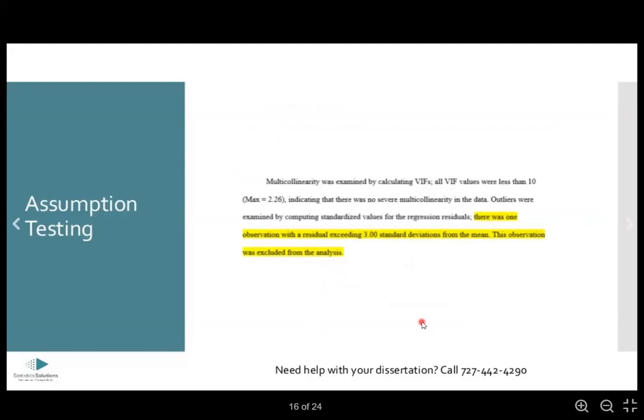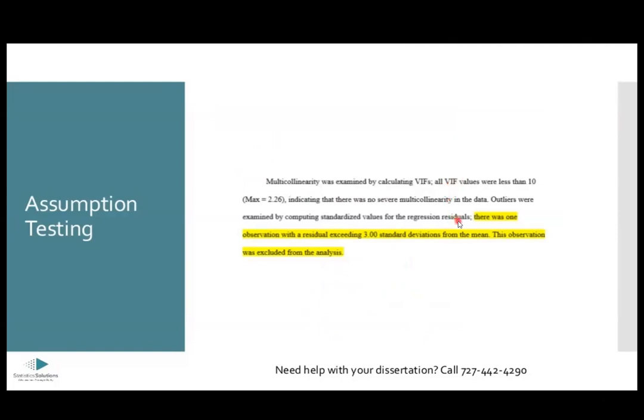Now, in this example, we are looking at outliers in order to determine whether or not multicollinearity was severe. So in this case, we see that they're using the VIF values to provide this information.